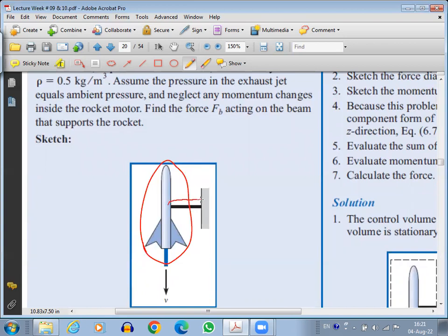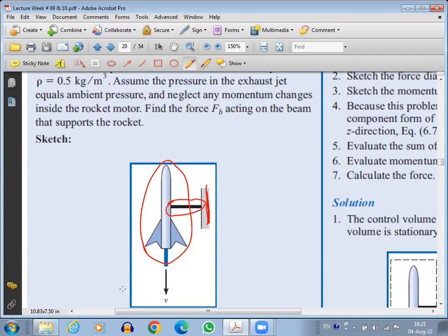So the rocket cannot move up, but this supporting beam can calculate the thrust which the gases are making to push the rocket up. That's the objective of this experiment, to calculate how much the thrust will be in this model and then estimate it for the actual case.